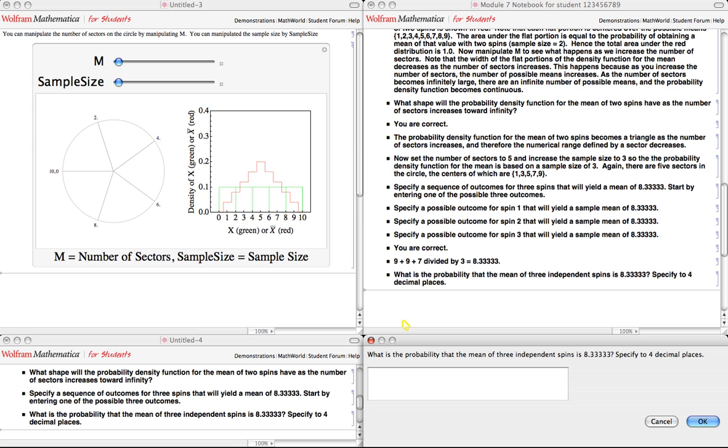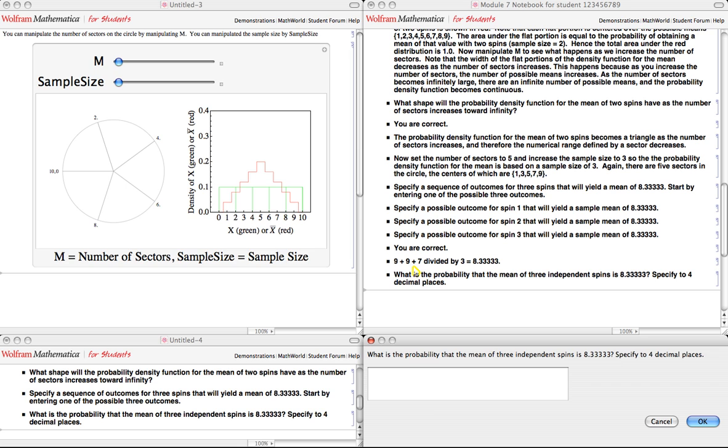To get 9 on the first spin, 9 on the second spin, and 7 on the third spin, each spin is equally likely. The probability of each spin is equal to 1 over 5. So you can take 1 divided by 5 raised to the power of 3, and multiply that number by the number of sequences that give you the desired number of 9s and 7s.